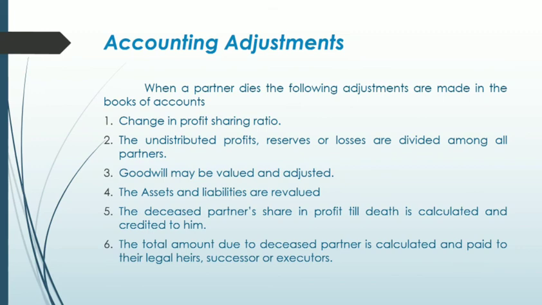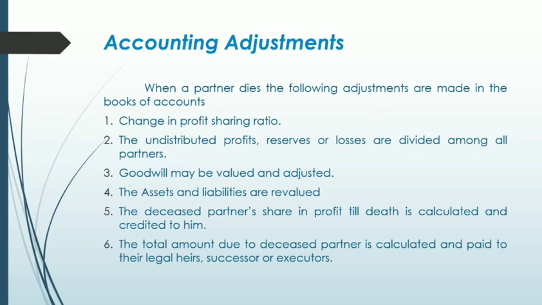When a partner dies, the following accounting adjustments are made in the books of account. That is, change in profit sharing ratio. That is, new ratio will be calculated if the business is continuing by the remaining partners. The undistributed profits, reserves or losses are divided among all partners.